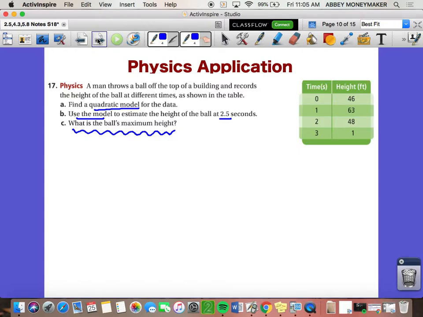No, absolutely not. What do you do in order to find the vertex? Graph it, or what could you do algebraically? Get the equation and do negative b over 2a, and then plug it in. Wouldn't it just be easier to graph it and do second trace maximum?